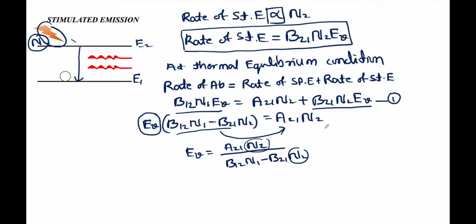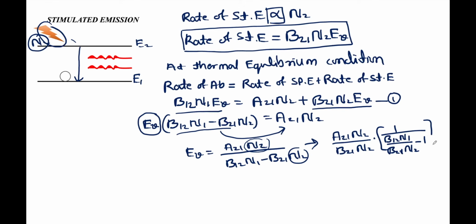So for that, we can write this equation like this: A21 into N2 by B21 into N2, into 1 by B12 into N1 divided by B21 into N2 minus 1.